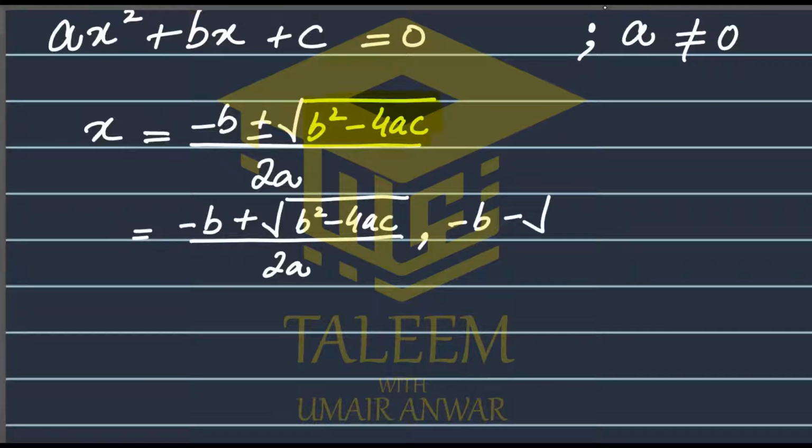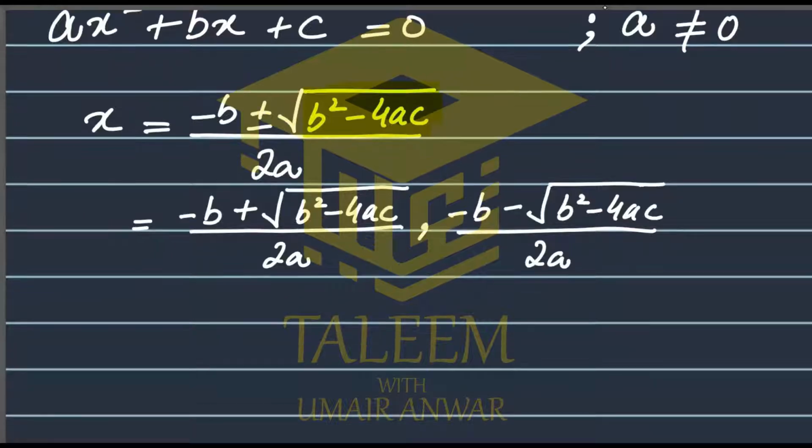For example, it is produced in the answer with a positive sign first and then with a negative sign. And secondly, whatever the answer of this part is, it determines the overall nature of the roots.